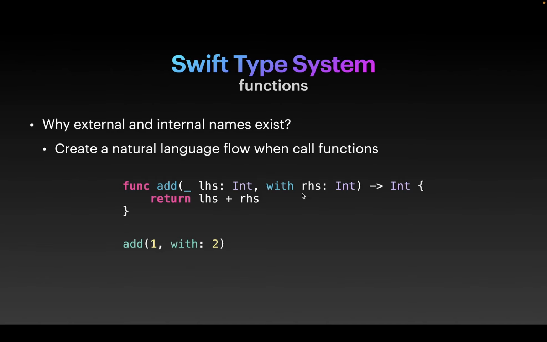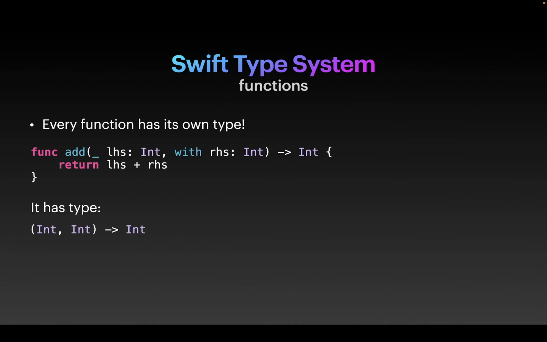And for the second parameter, I'm going to go with 'with' as its external name. And when I call this function, I say add 1 with 2, right? Or maybe I can change the 'with' to 'to', right? When I call this function, then it becomes add 1 to 2, right? That's how Swift makes the function call work like you're reading some text, or reading some English, okay?